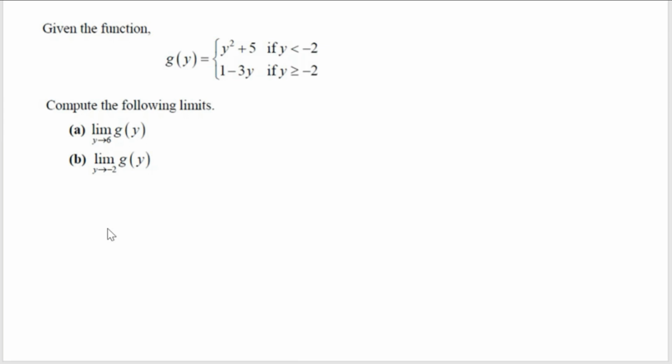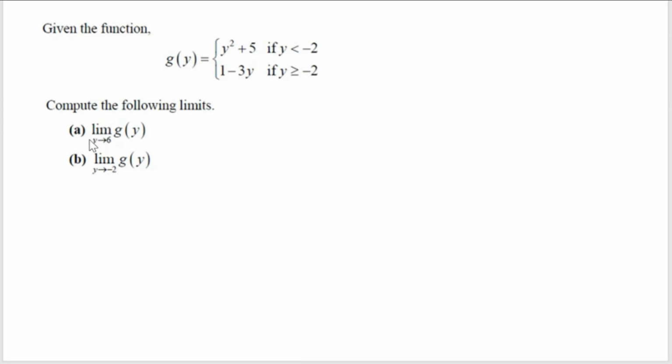Now to do that, for letter A, we have the limit of g of y as y approaches 6. You choose now which of these two equations applies according to the condition: y is less than negative 2, or y is greater than or equal to negative 2.